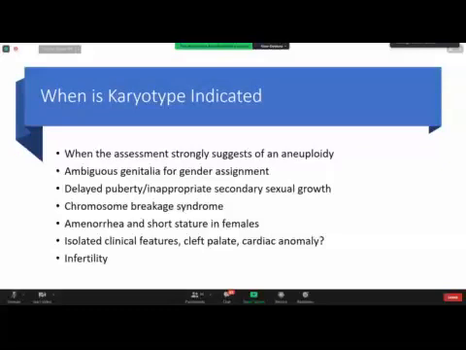Then you order karyotype as initial evidence to go for genetic testing, instead of doing all the other fancy techniques that we are going to talk about later. We go for karyotyping. So let me check.